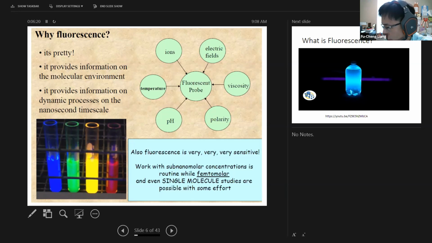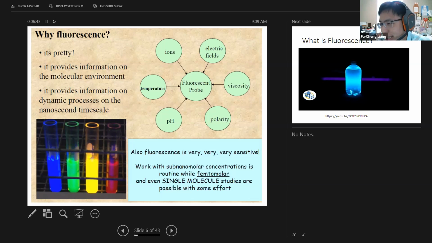It can work with sub-nanomolar concentrations, basically femtomole quantities. Femtomole is 10 to the minus 15. It's a very, very small quantity, and you can detect the molecule at very low concentration, which is why I say it's very sensitive. It's even possible to use fluorescence to study a single molecule.